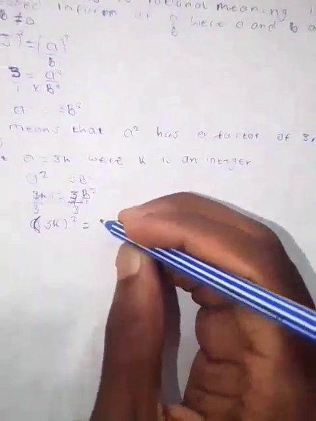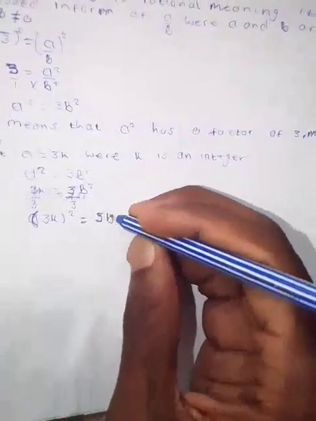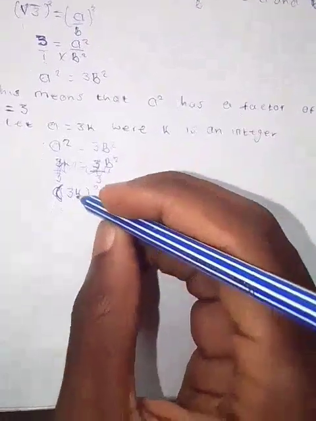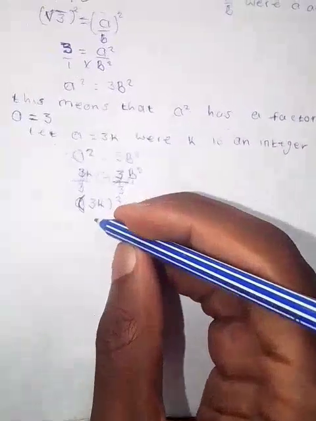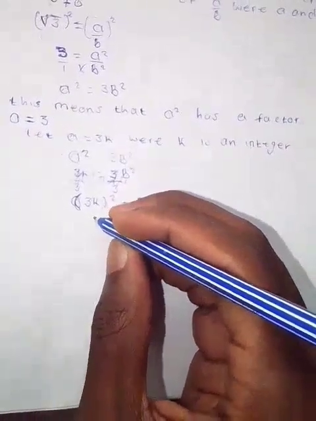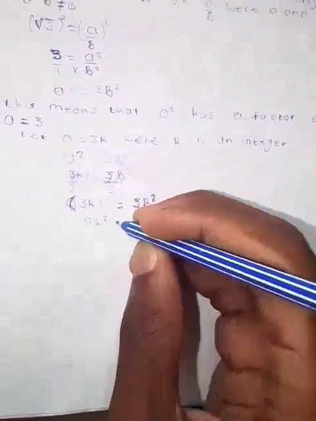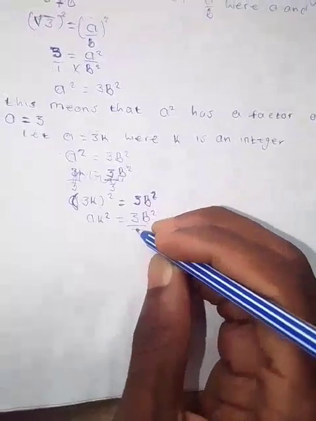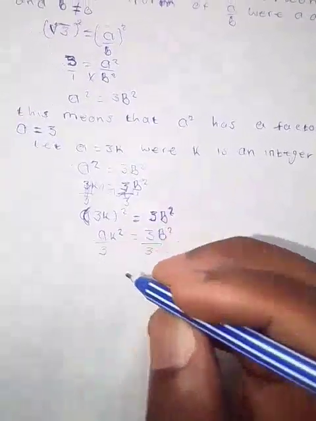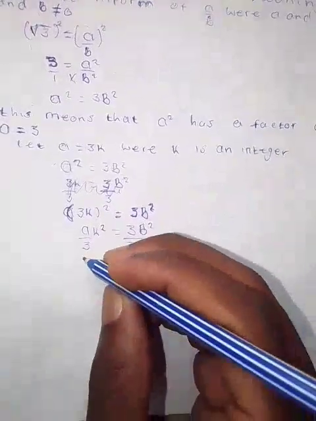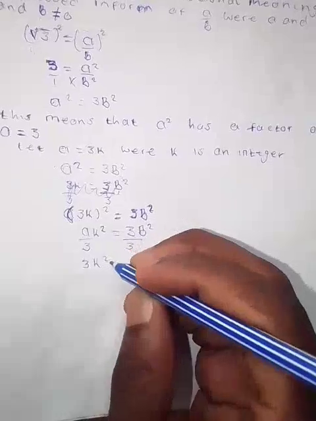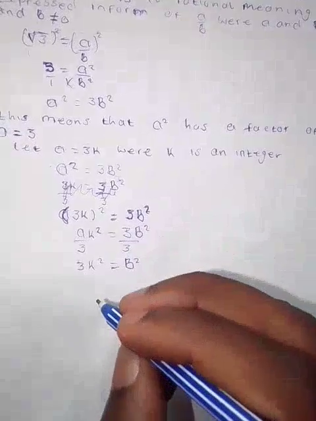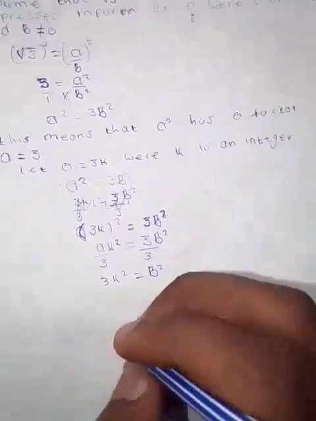So we have (3k) squared equal to 3b squared, which gives 9k squared equal to 3b squared. Then you divide through by 3, and 9 divided by 3 is 3, so we get 3k squared is equal to b squared.